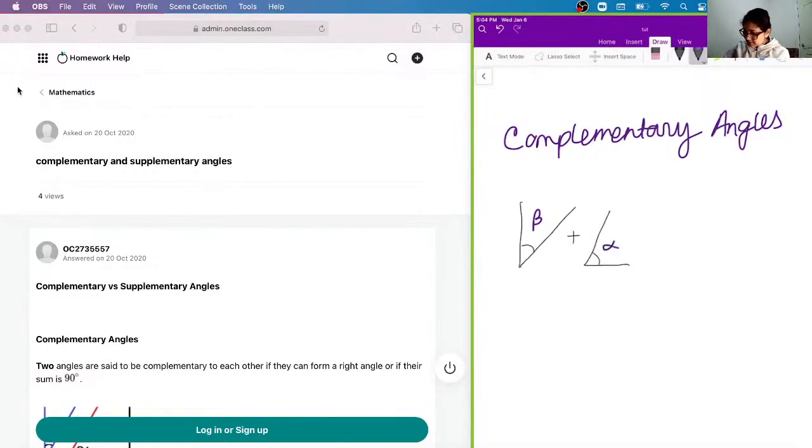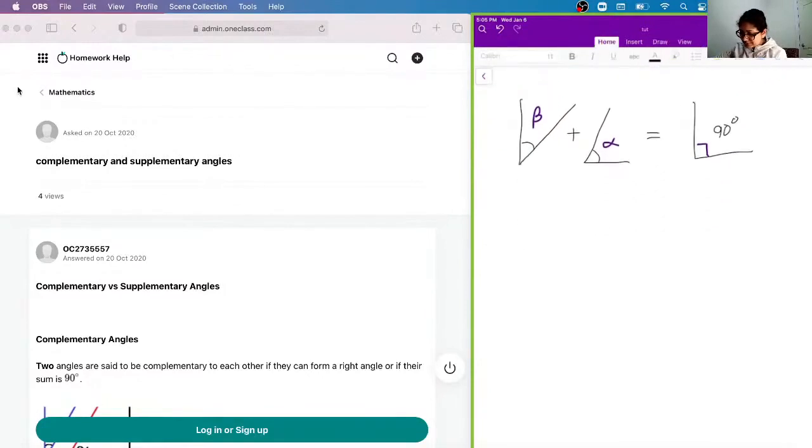These two are complementary angles, and they form a right angle, which is 90 degrees. They could be 45 degrees, or 60 and 30, anything like that. They have to be acute angles.